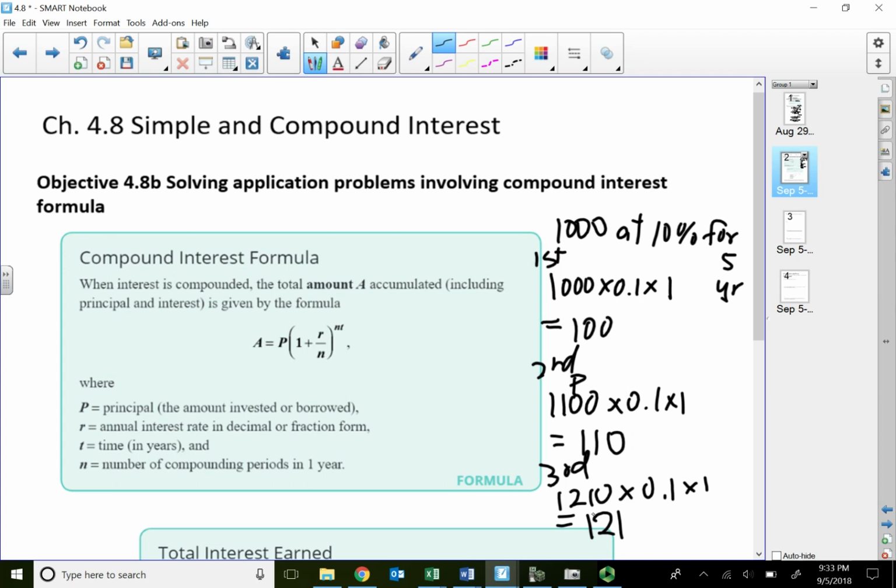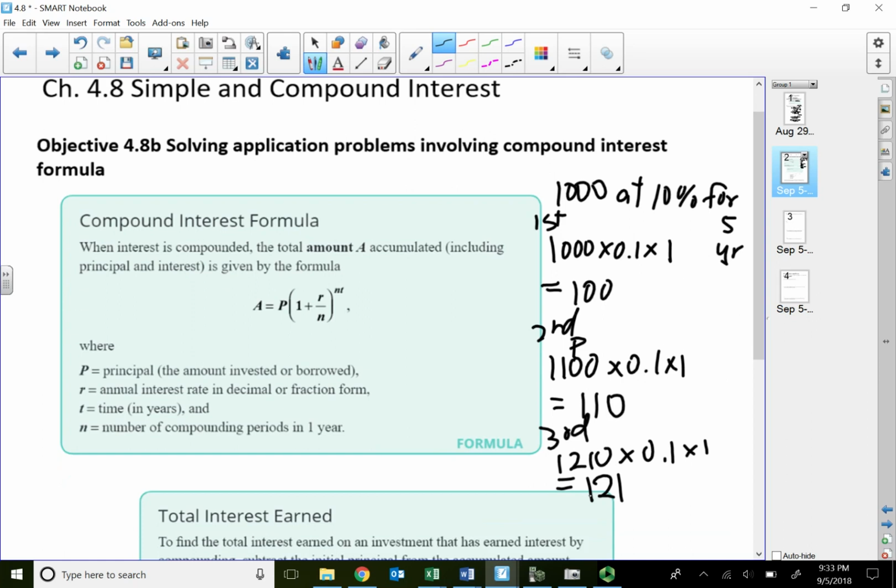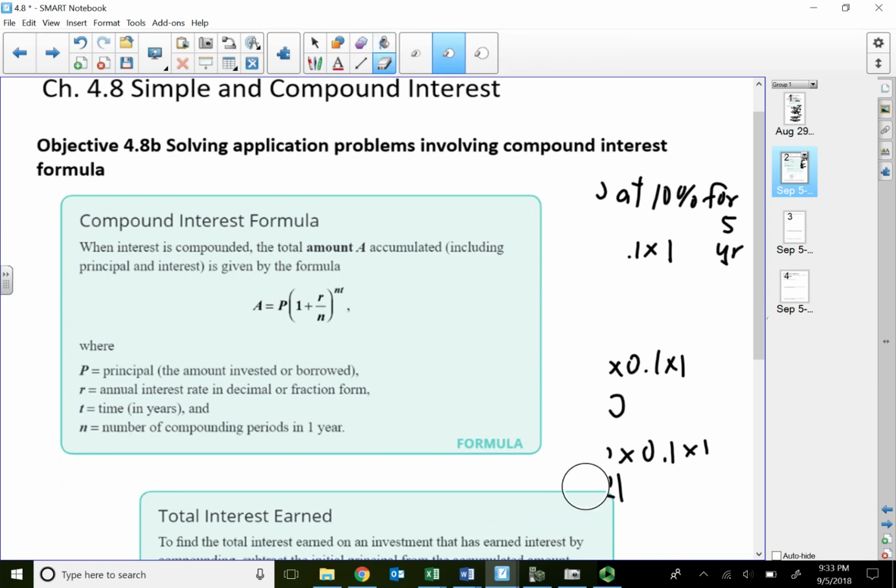This is the compounding effect, because I keep adding the previous year's interest to the principal as my next year's principal and keep accumulating interest. So the amount of money in my bank account is getting fatter and fatter, which is what we want. That's the idea of compound interest.